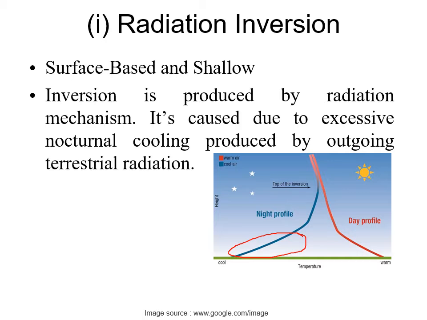So if you compare the temperature profile of daytime and nighttime, during daytime we can see that the surface was hot due to receiving the insolation, and gradually as we move up through the atmosphere, temperature gradually decreases.